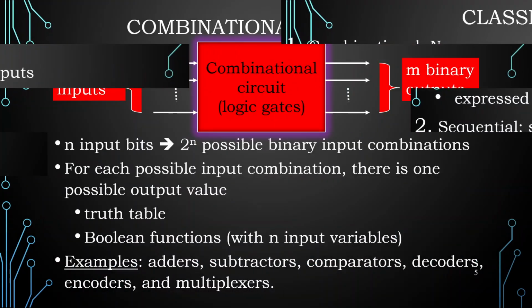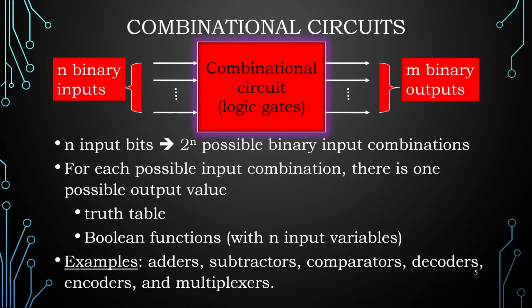Next, we are going to look at how a typical combinational circuit looks. If you see this slide, there are inputs to the circuit and there are outputs from the circuit.